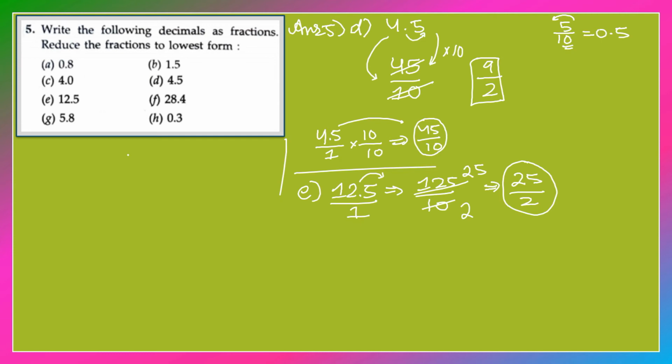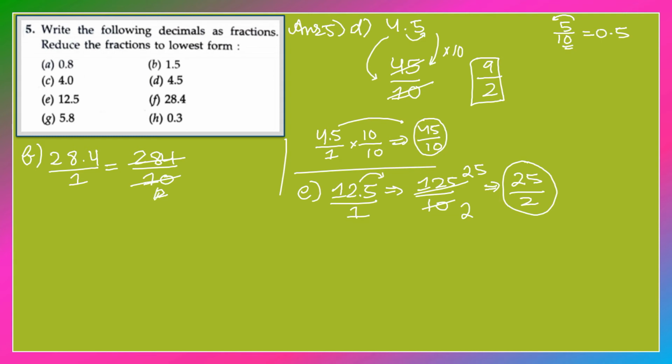Now for the F part, we have 28.4. Again it will equal 28.4 upon 1, which equals 284 upon 10. Now cutting a factor of 5, if I calculate it, I'm going to get a decimal point in the numerator.